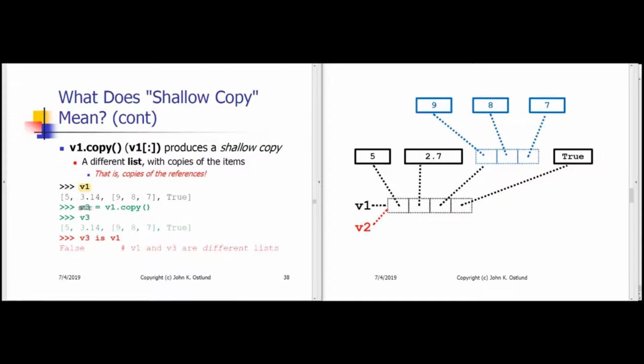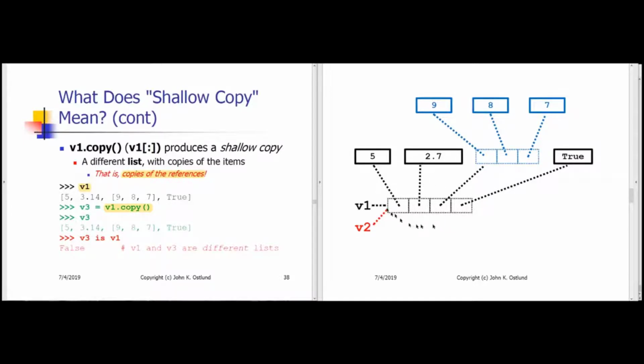When I say V3 gets V1.copy, this is making a shallow copy of V1. What we mean by a shallow copy is a copy of all those references. So when I say V3 gets V1.copy, what I'm getting is a copy of just these references.